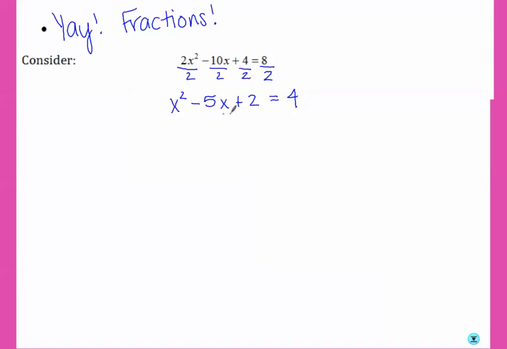Step 2, get the x's on one side, the numbers on the other. Leave space for our b over 2 squared term. B is negative 5 divided by 2, and we square it.